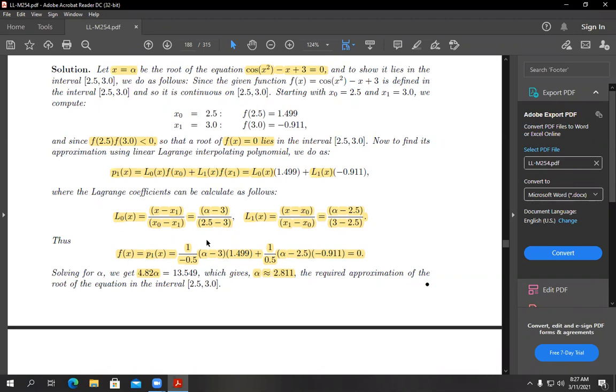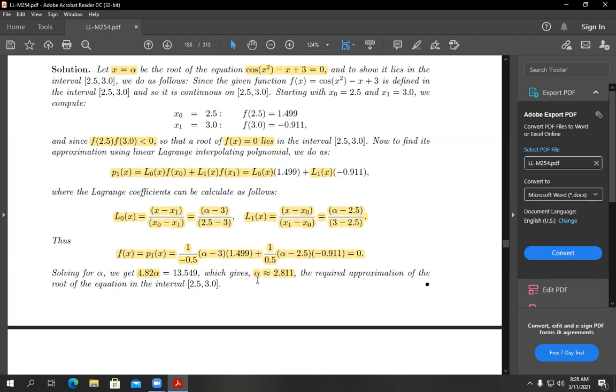So it means the Lagrange polynomial we can use not only for the approximation of the function, but also to find the approximation of the root. Now, the teacher can give you one more part here. He says find the alpha, right?